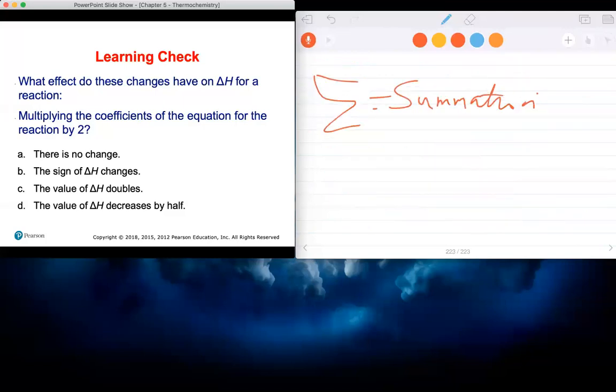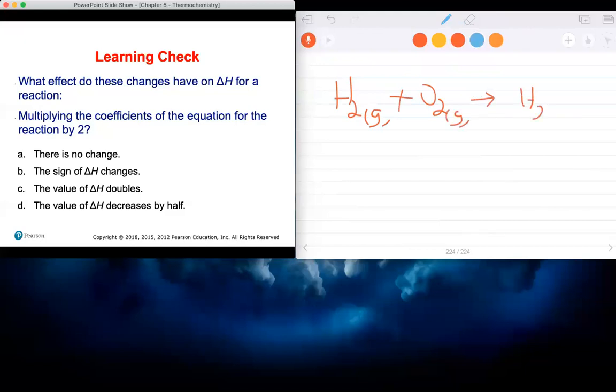For example, here is a reaction: hydrogen gas reacting with oxygen gas to produce H2O, all right?